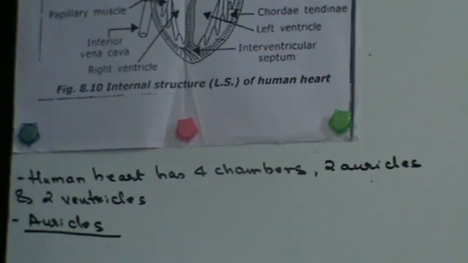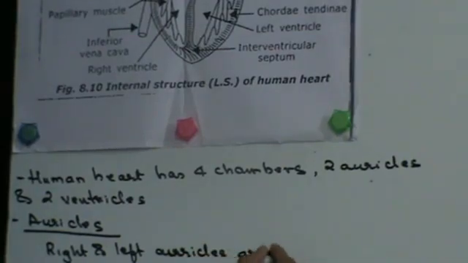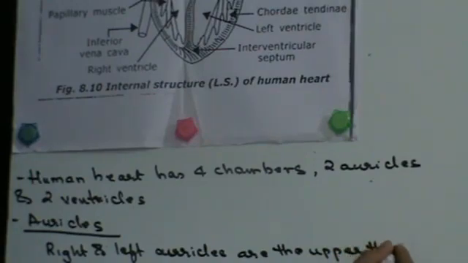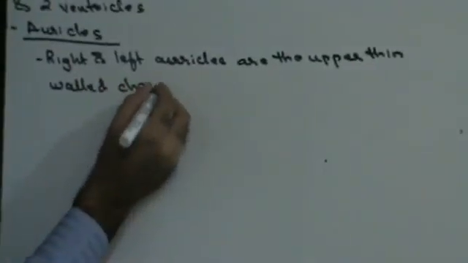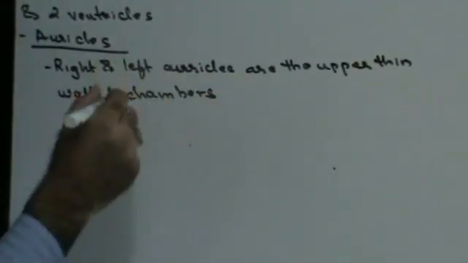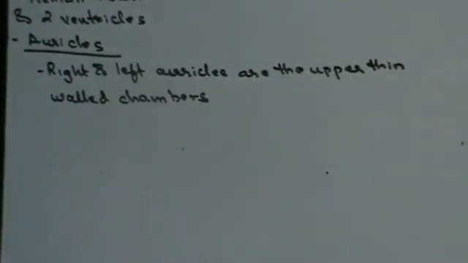The right and the left auricles are the upper thin-walled chambers. They are separated from each other by a muscular partition.